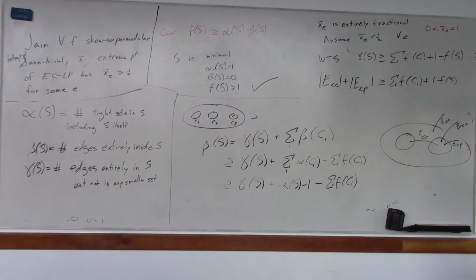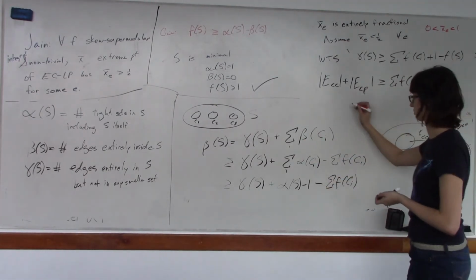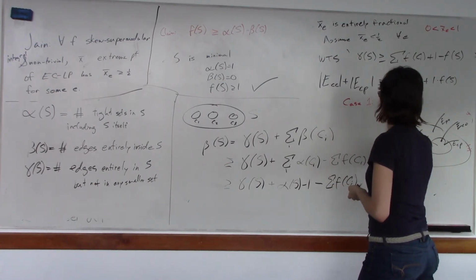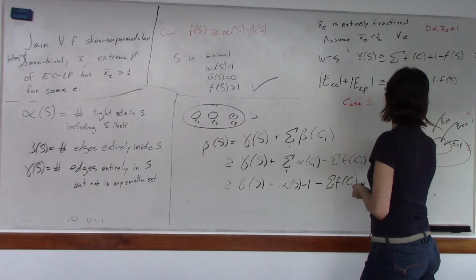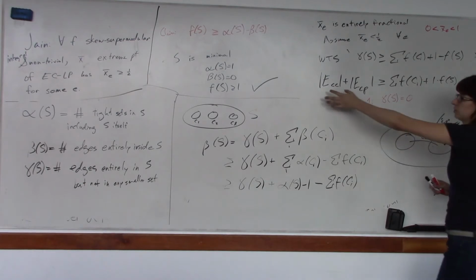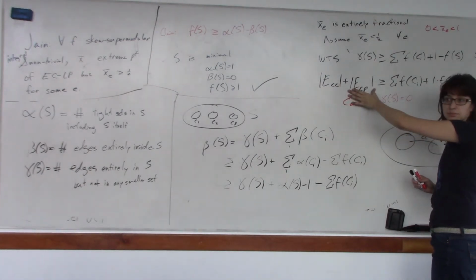All right, so the first thing we're going to consider is that we're going to do 2 cases here. We're going to do case 1, which is gamma of S is 0. So if gamma of S is 0, that means we'd have no ECC edges and no ECP edges.